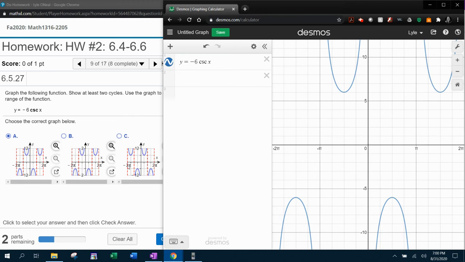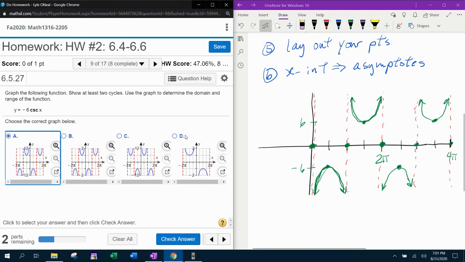And click. All right, so let's look at answer choice A. I've got a down and an up hump like so, and then a down and an up hump like so. And that's with this window setting. I guarantee you, if I set it to be -2 to 2, I won't see any humps because -2 to 2 is going to be just in this area and there's no humps here. So I feel really good about answer choice A, especially after checking it with Desmos.